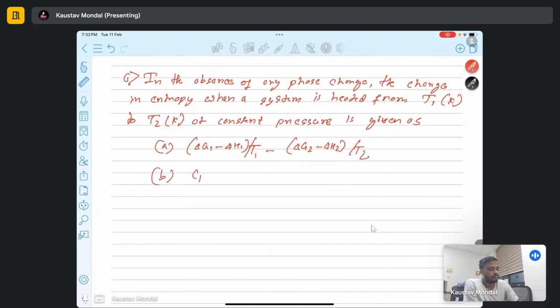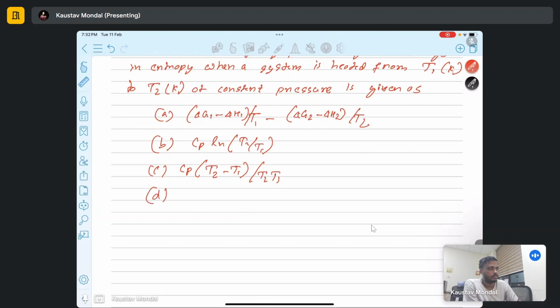B is Cp ln T2 by T1. Option C is Cp (T2 minus T1) by T2 T1, and option D is mu1 by T1 minus mu2 by T2.